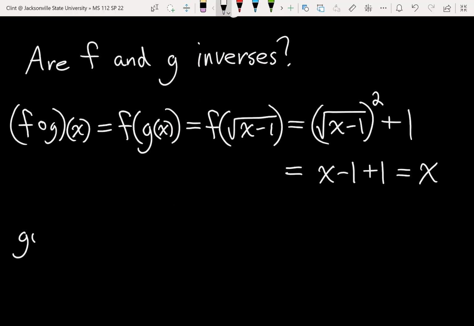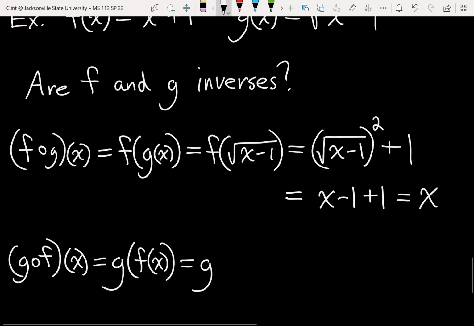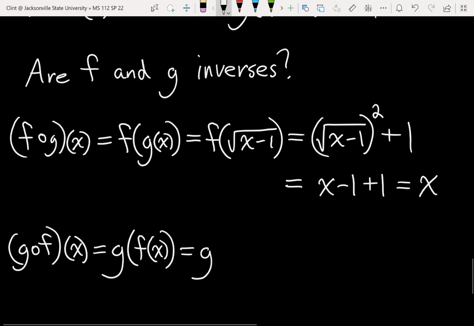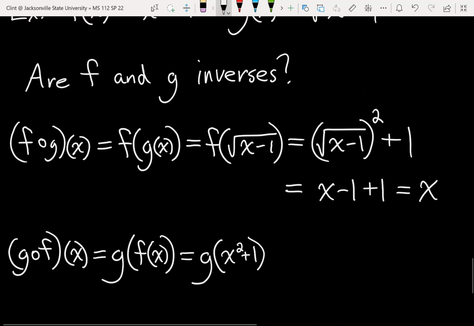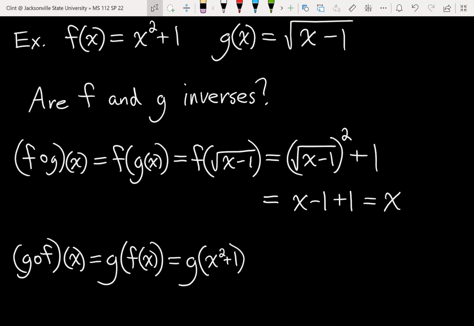So we need to find g of f of x. That means f goes on the inside this time. So we want g of x squared plus 1. g is square root of x minus 1.